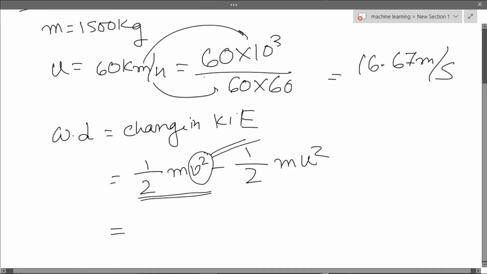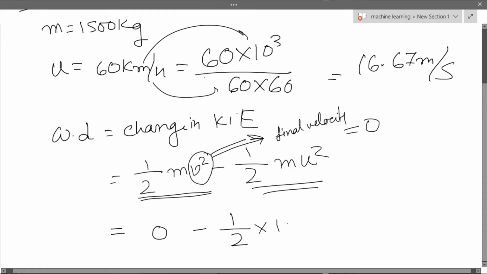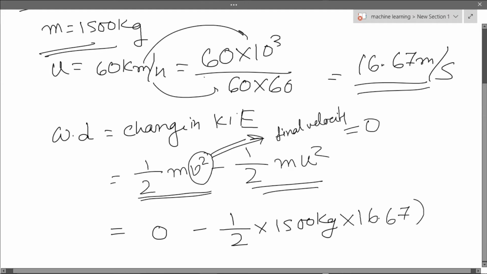To stop the car, finally the car will stop, so the final velocity is equal to 0. So half m v square is equal to 0. Then the value of half m u square, with m equal to 1500 kg, into 16.67 square.